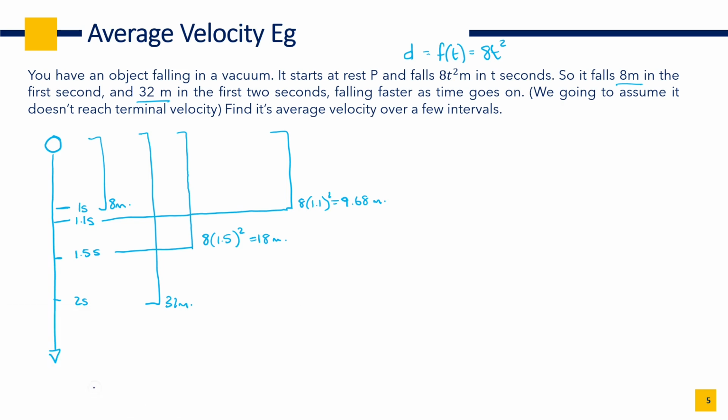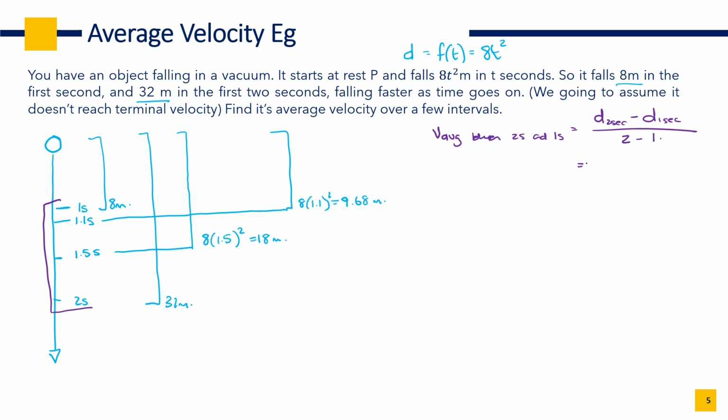Right, so let's start off with the 2-second one. So we're going from 2 seconds to 1 second. So we have the 2 to 1 interval. So the average velocity between 2 seconds and 1 second is the distance at 2 seconds minus the distance at 1 second, divided by the time, which is 2 seconds minus 1 second.